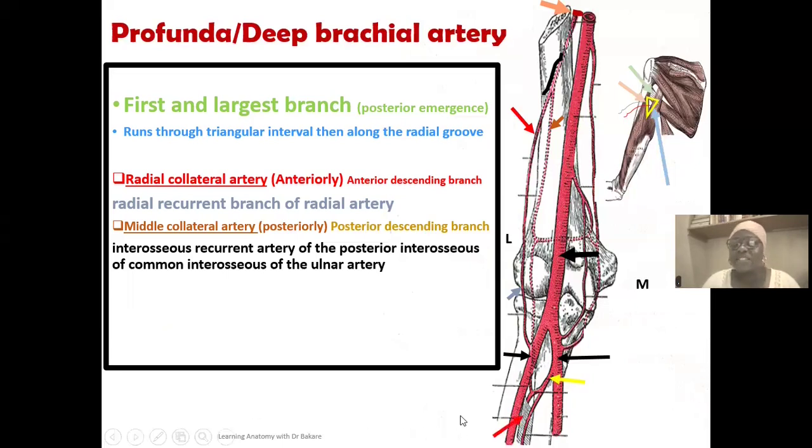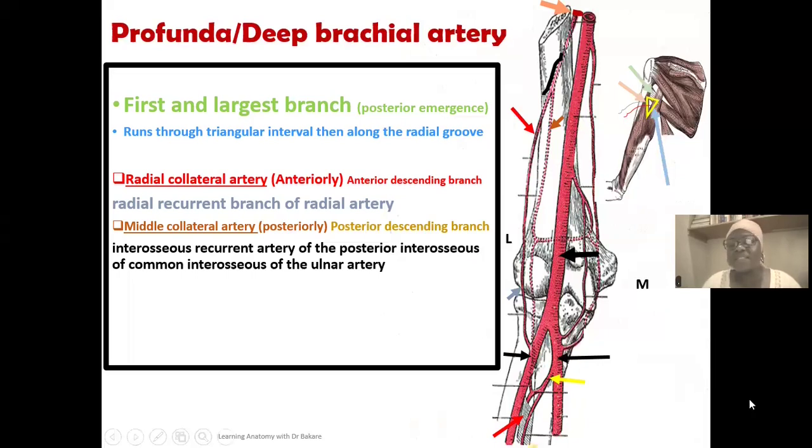So this interosseous membrane is what creates the landmark onto which the common interosseous will be subdivided. So we have the common interosseous then further subdivided into the anterior interosseous artery and also the posterior interosseous artery. While the anterior interosseous artery is positioned anteriorly to the interosseous membrane, the posterior interosseous artery is positioned posteriorly to the interosseous membrane.